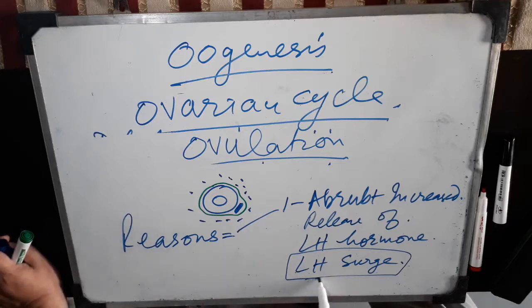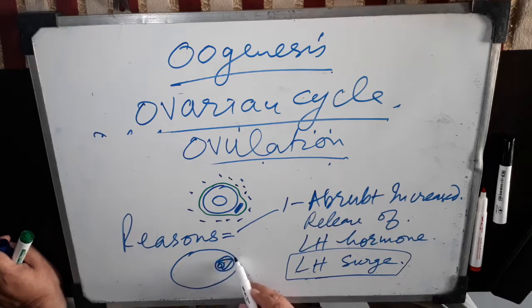So if this is the ovary and this is the Graafian follicle, here the surface of the ovary becomes thin and weak. This point is known as stigma.